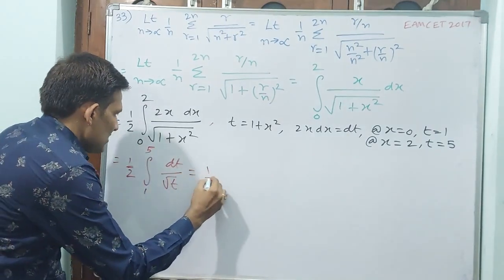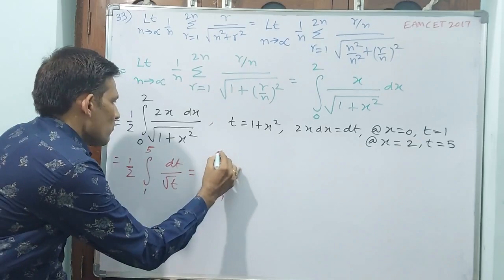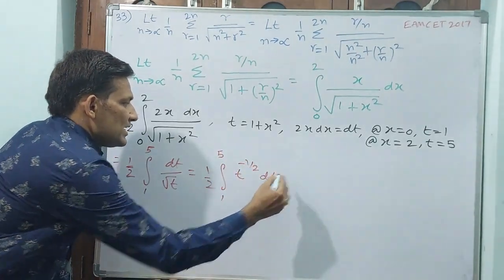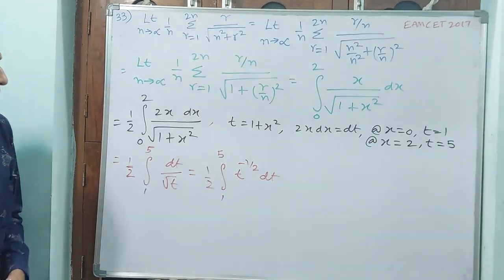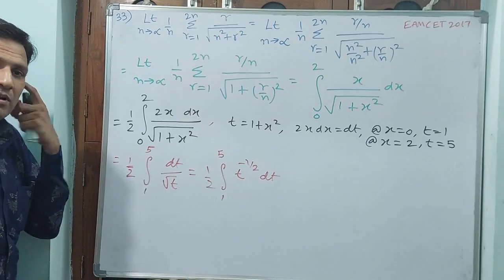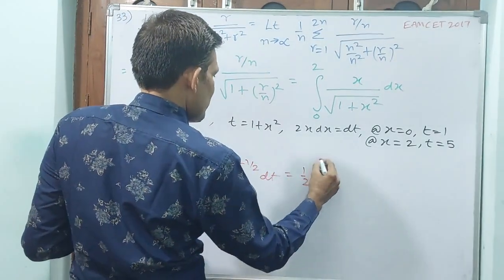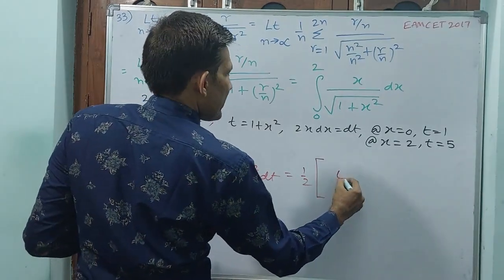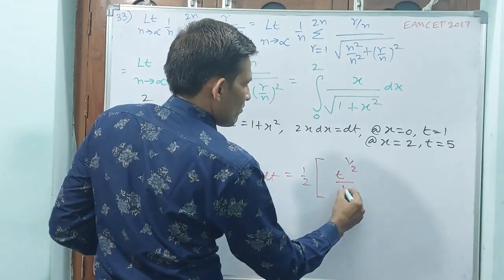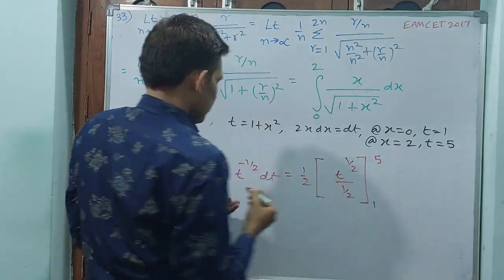Now see how I am changing. Integral 1 to 5, see, t power minus 1 by 2 dt. Okay, why? Because t power 1 by 2 goes to the numerator, it means t power minus 1 by 2. Now write down, that is equal to 1 by 2 into t power minus 1 by 2 plus 1, that is 1 by 2, by 1 by 2, from 1 to 5.